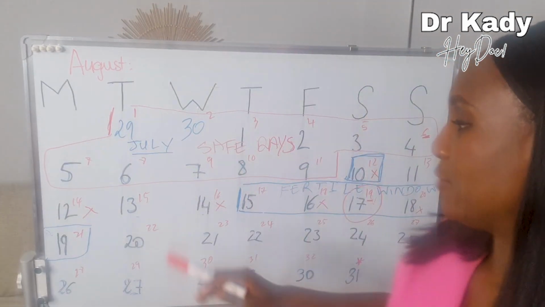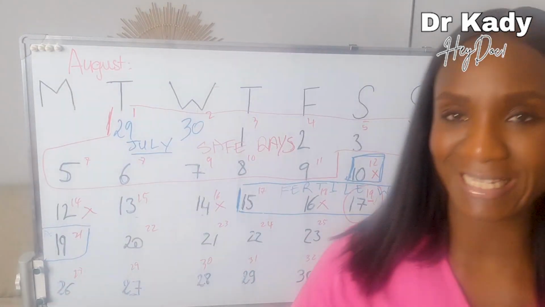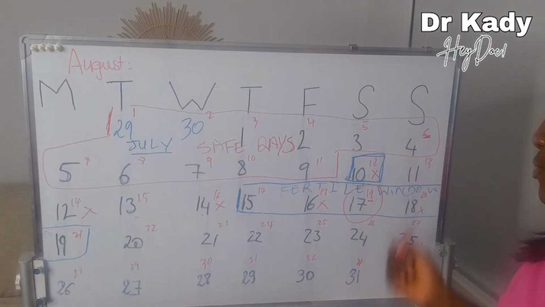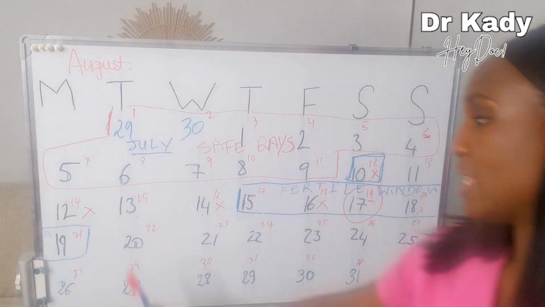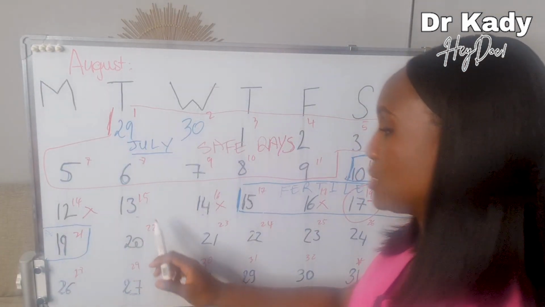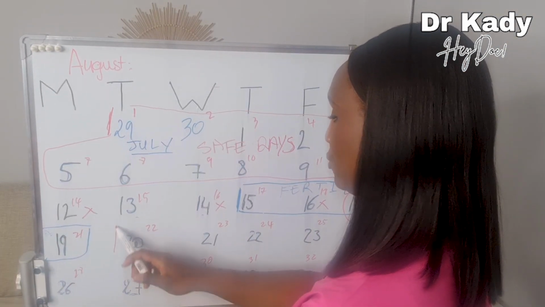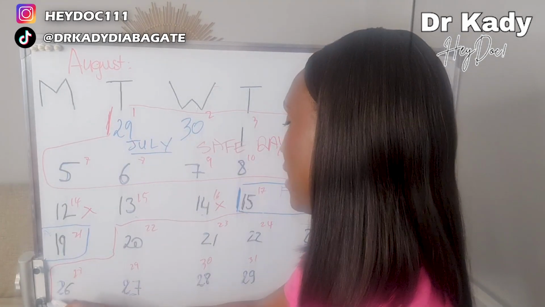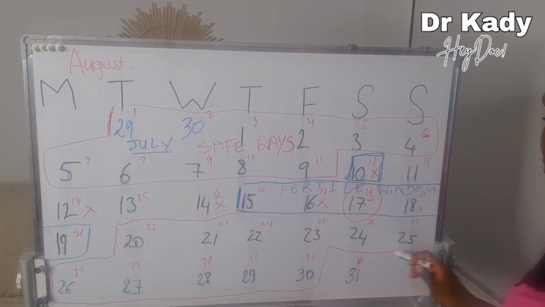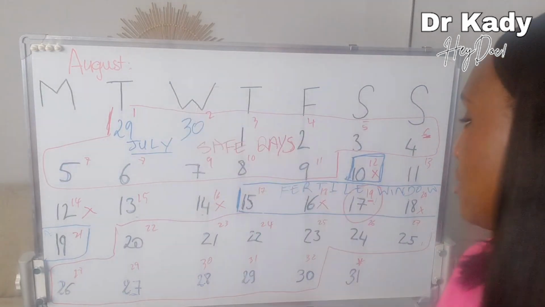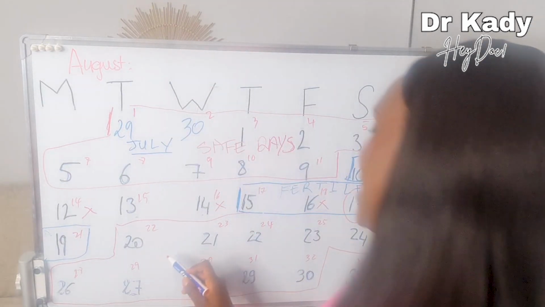Now, remember, the egg dies after 24 hours. So if it was released on the 18th, it will die by the 19th. On the 20th of August, which is the 22nd day of the cycle, all the way through to the 32nd day of the cycle, which is on the 30th of August, this is again your safe.